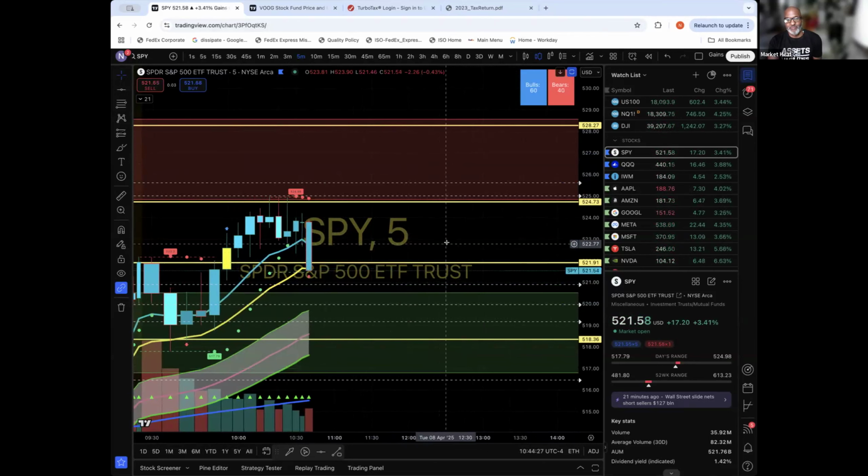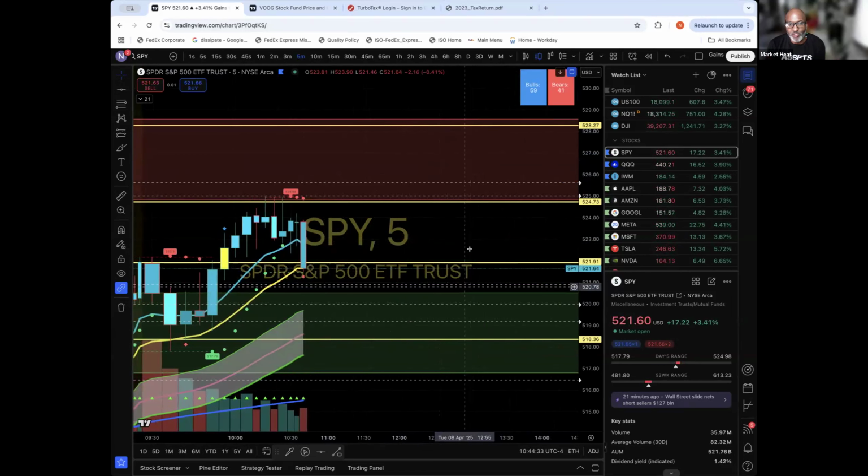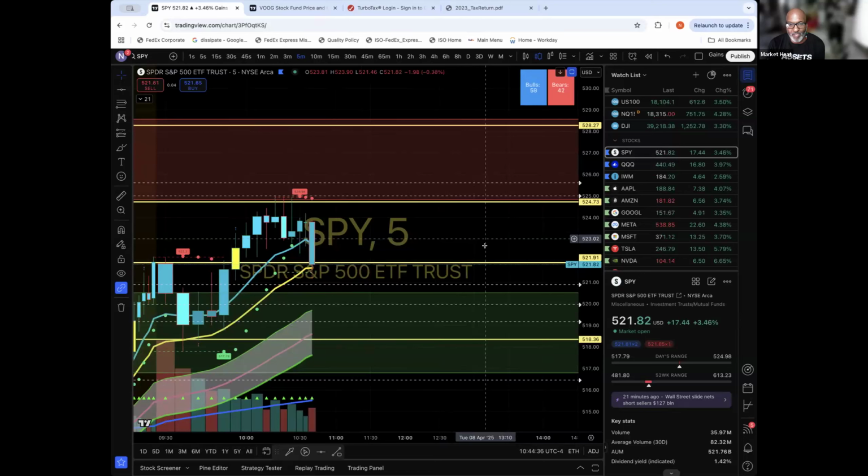It broke it. Now guess where it's going? Before we truly start to see upward momentum on SPY, it is going to have to touch 520.89.